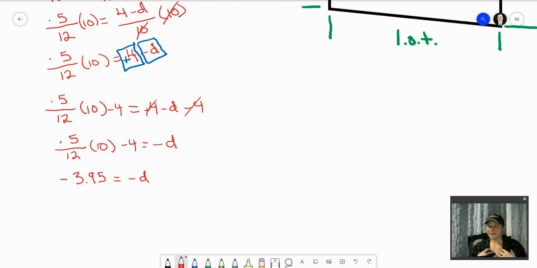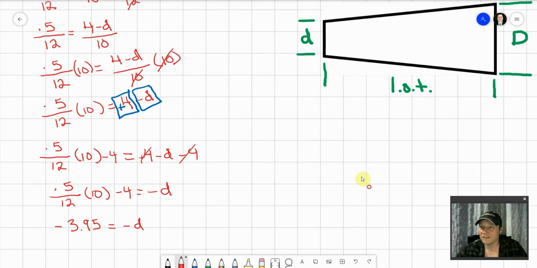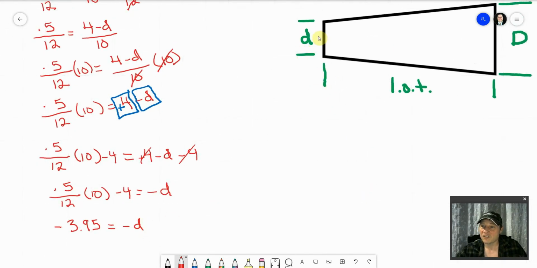What we're stating is that negative 3.95, so 3.95 units to the left of 0 on a number line, equals negative d. So basically the small diameter here, we didn't solve. We solved the small diameter on the other side of the equal sign, the negative small diameter.